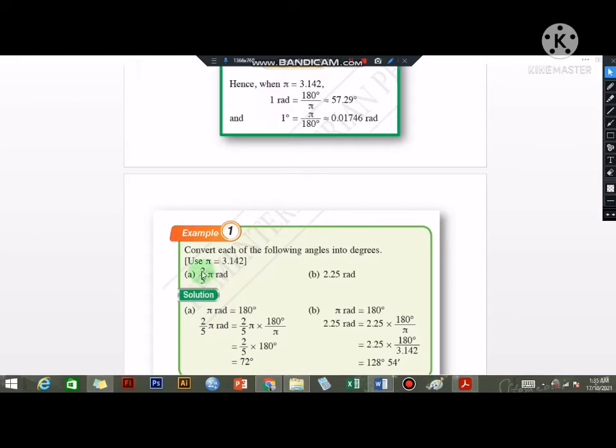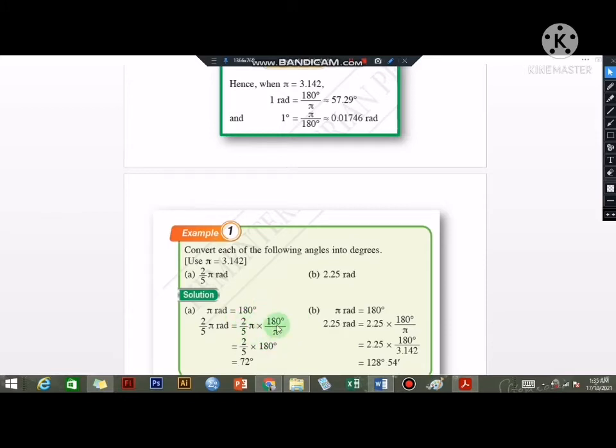Look at this one: 2 over 5 pi radian. So 2 over 5 pi radian is equal to 2 over 5 pi times 1 radian, and 1 radian is equal to 180 degree over pi. So you need to substitute the radian into degree here.